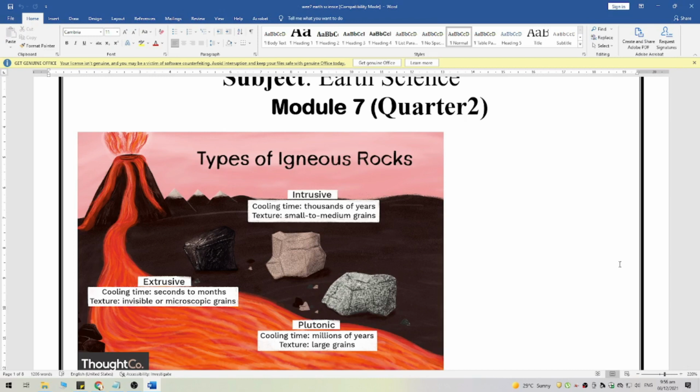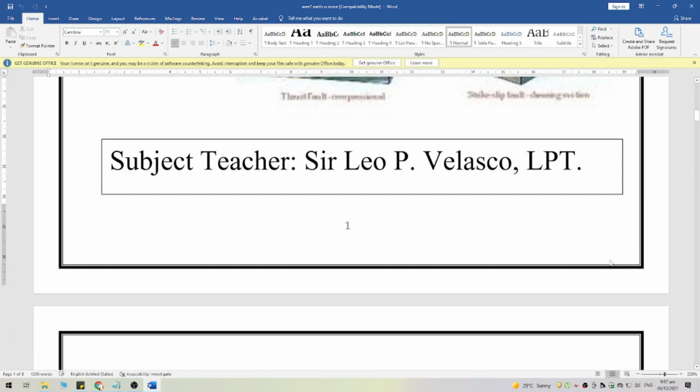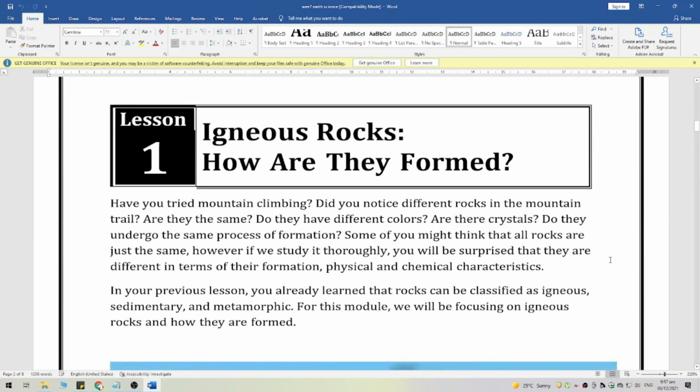Yung tinatawag naman natin na plutonic, ang cooling time niya ay millions of years, at ang texture niya naman ay large grains. So later we will discuss bakit iba't iba yung mga sizes ng grains and ano-ano pa ba ang mga variety ng mga rocks.